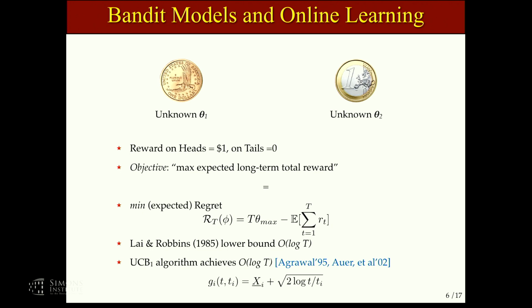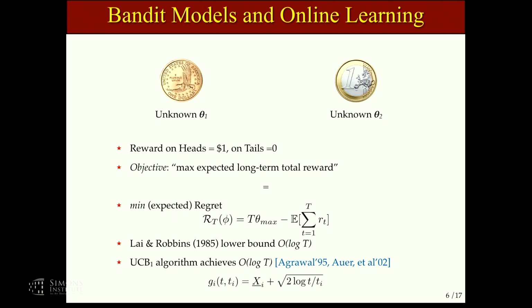The second term you can think of as accounting for the standard deviation in your estimate, but it's really not that. It is somehow controlling your exploration for the various arms. The algorithm is very simple. At each instant, you pick the arm or the coin that has the highest index value.